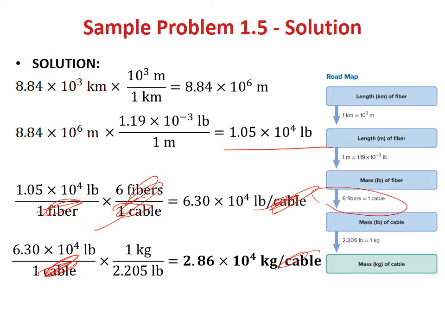So that is okay for simplicity. Okay, so that's one thing I want to mention. The other thing is you can also multiply by 6 at the first step, because one strand is 8.84 times 10 to the third power kilometer. So you can times 6, give you total length in kilometer, and then calculate the kilometer to pounds, and then pounds to kilogram. So there are many ways to do it.